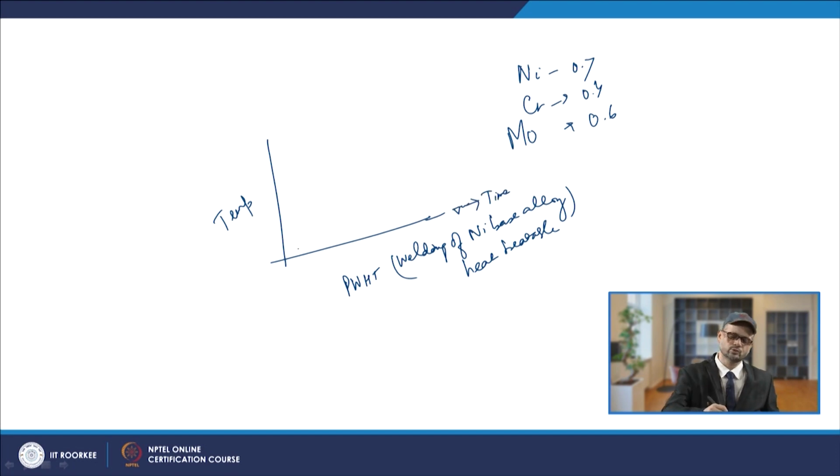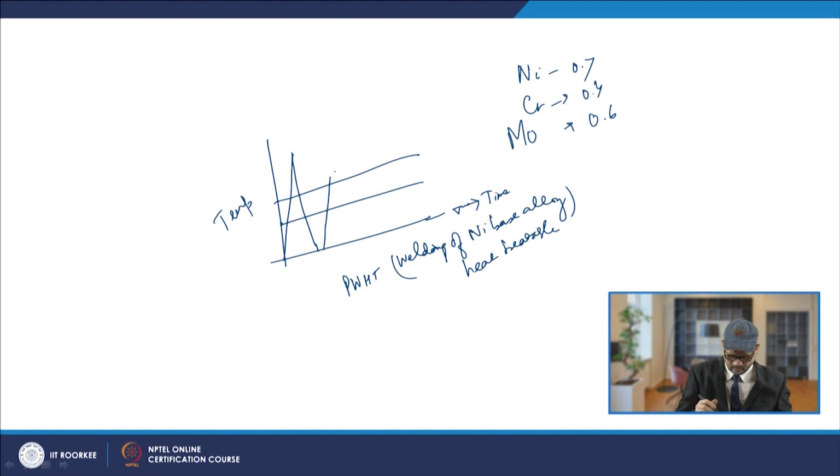So, you do the welding here, and then it is getting cooled. Then you are heating, and this is your solutionizing during this time, and then you are coming into this range, and this is your aging which is occurring.